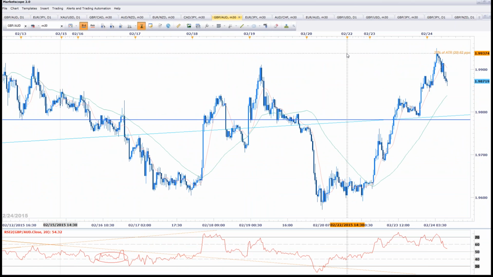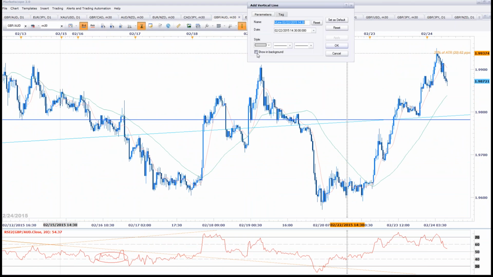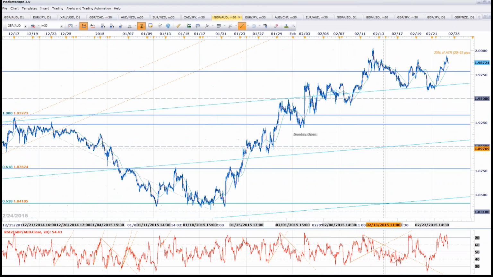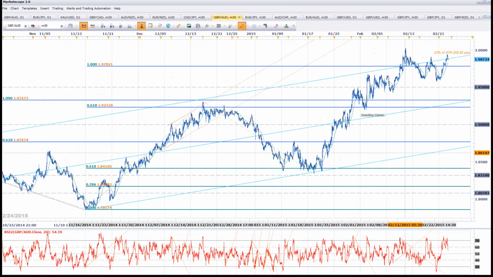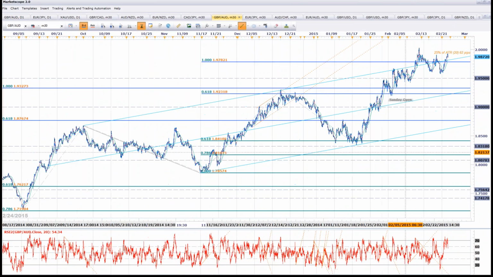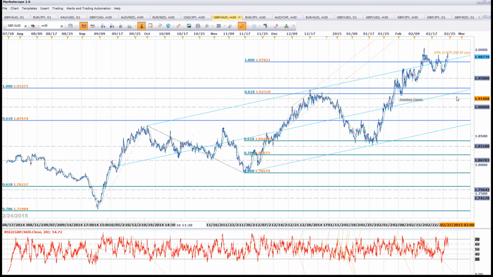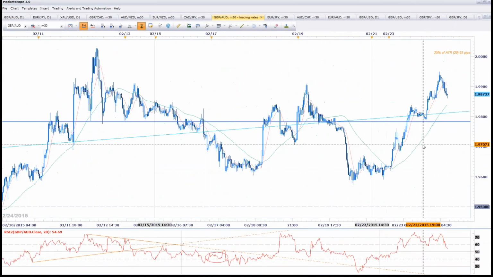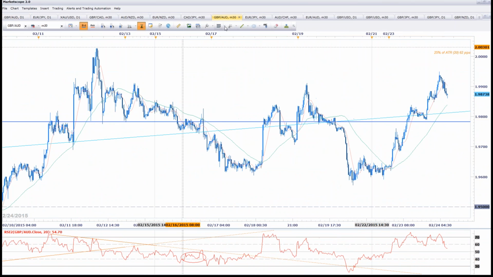Here's your weekly open. I forgot that was on the other chart. That wasn't saved either, so we'll go ahead and tack this on real quick.